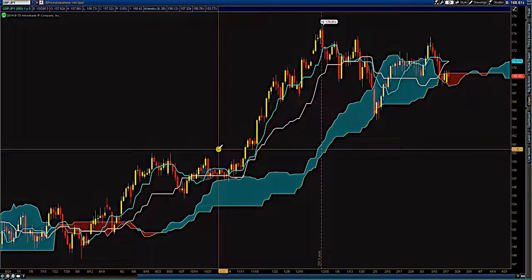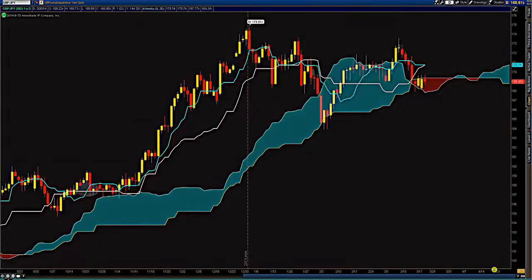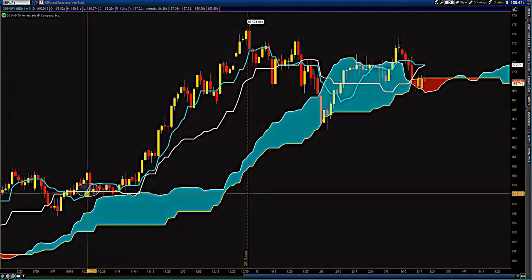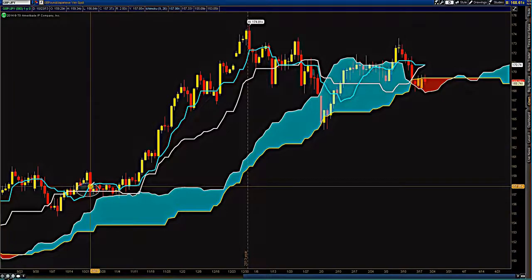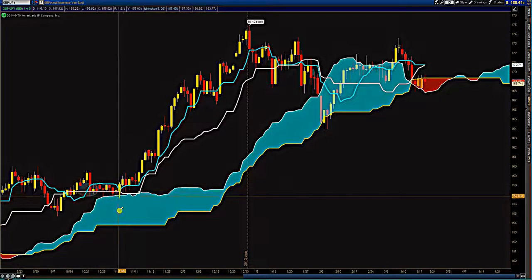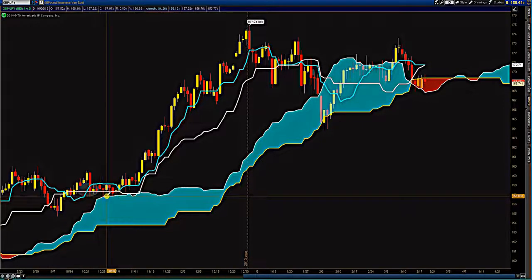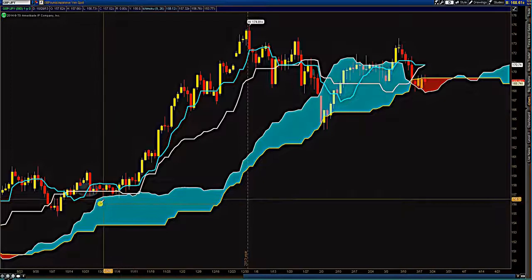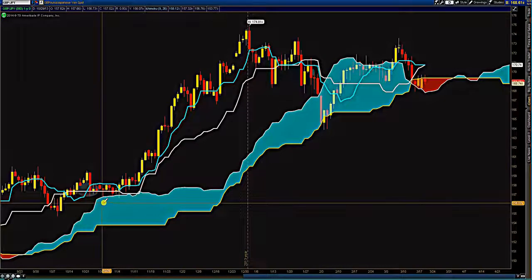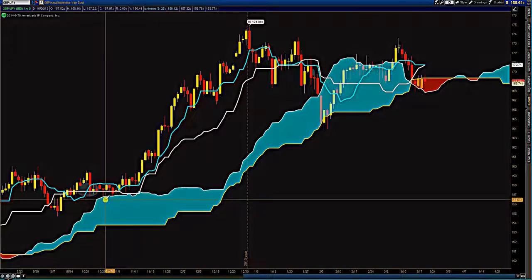However, in a situation like this, why I do like it, and I will show you, is we had the Tenkan break above the Kijun. Not only that, but we have a very thick Kumo. And pretty much you could put stops if price was to not break, but close within the cloud, then you would look to get out of the trade.